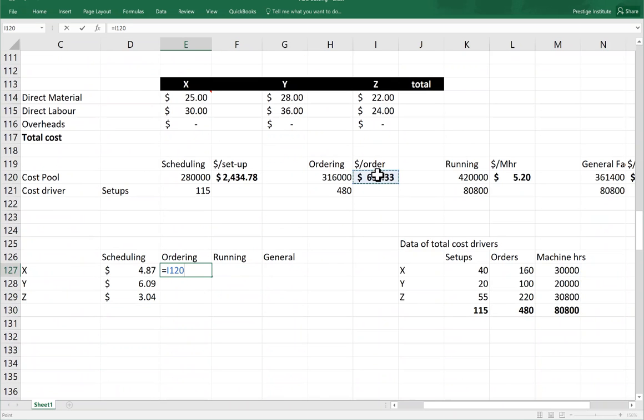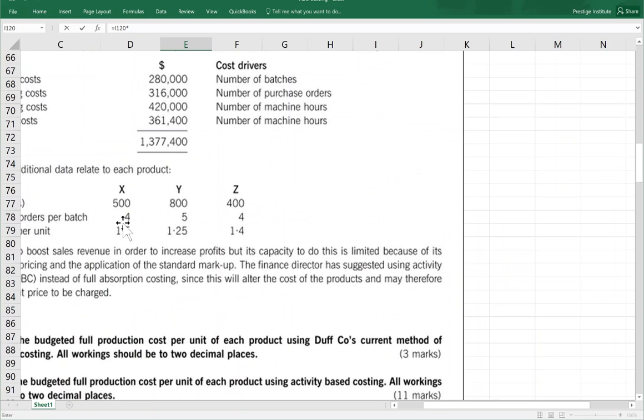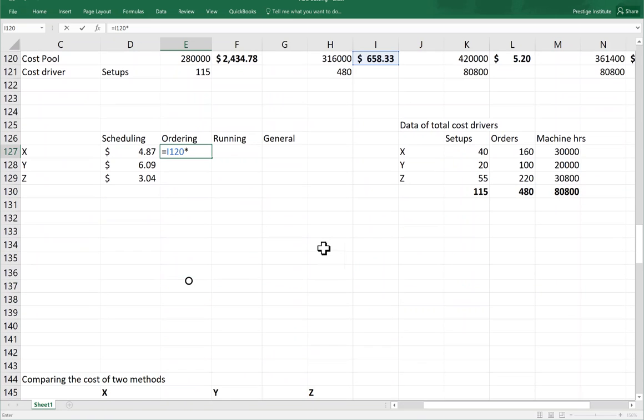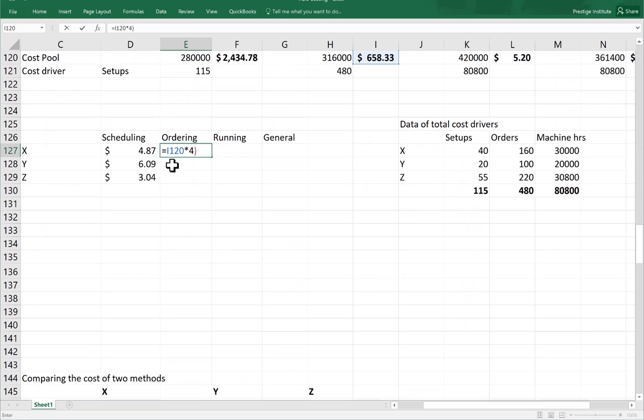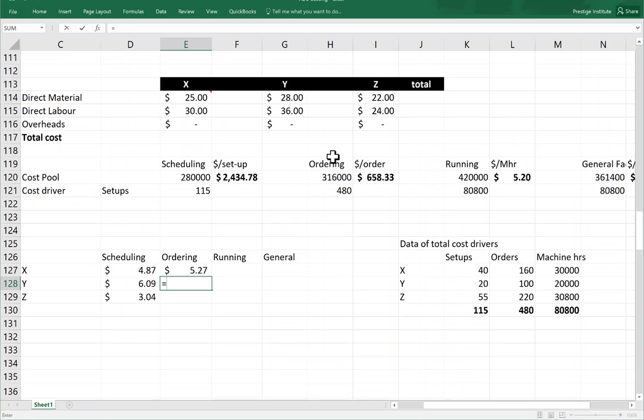And then for ordering, we have the cost per order, but we have 4 orders for total 500 units. So we are going to multiply by 4 and then divide it by 500. So it is just like the previous one, but here we are multiplying it by 4 because we need 4 orders. And then doing the same for the rest.